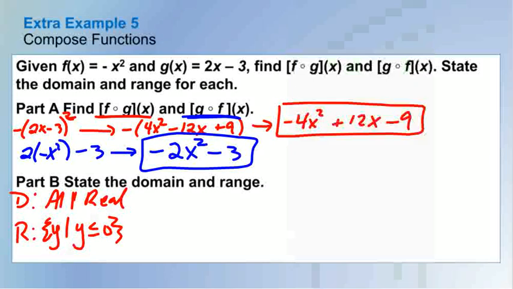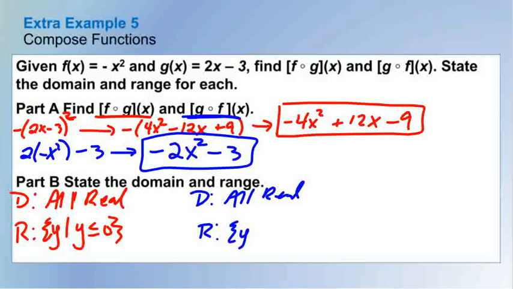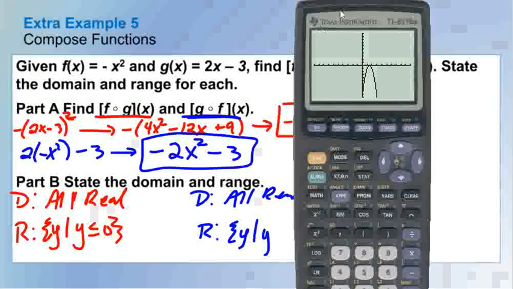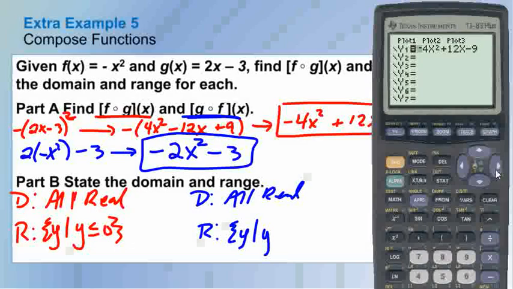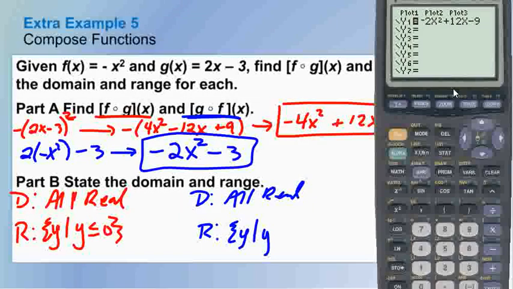Now for the other one, the domain, we also have a quadratic, so it's all real. And the range, y such that y is... So now if we come to our calculator again, change this slightly. So this is a negative 2x squared minus 3.